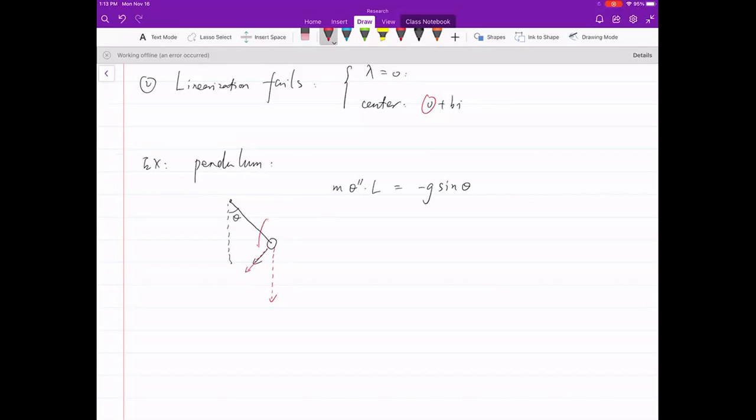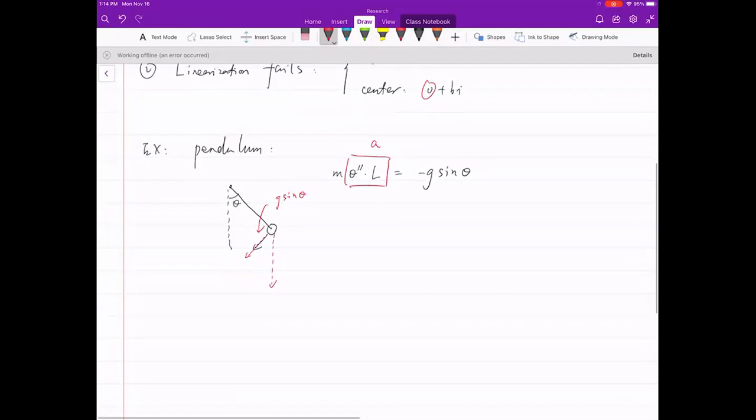Theta prime prime times l gives you the acceleration, because you have the angular acceleration and then you multiply by the radius, and that becomes linear acceleration. So this is the classic F equals ma case. That will be the differential equation that this pendulum satisfies.